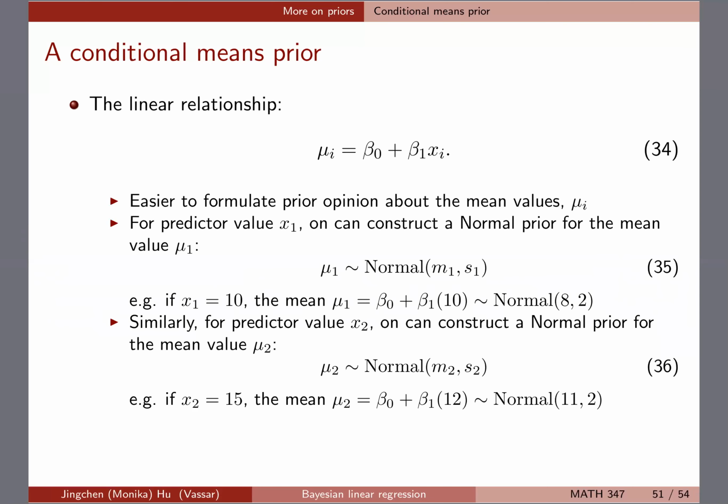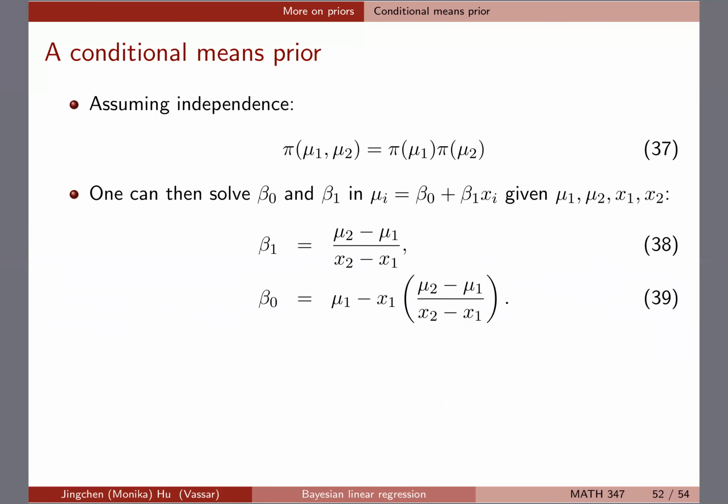Okay? So solving it is this. And this is pure algebra. You all can do this. So we have two unknowns, beta 0 and beta 1, right? And then we have two equations. Mu1 equals beta 0 plus beta 1 times x1. And mu2 equals beta 0 plus beta 1 times x2.